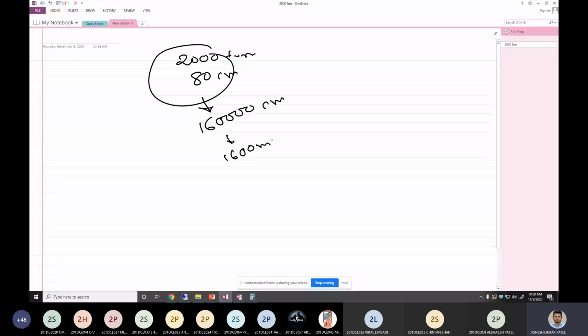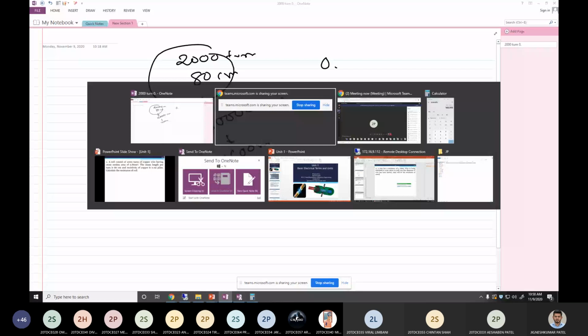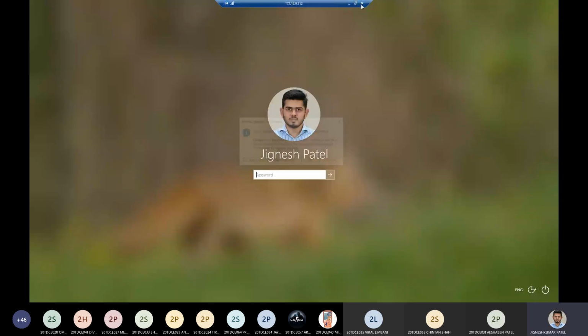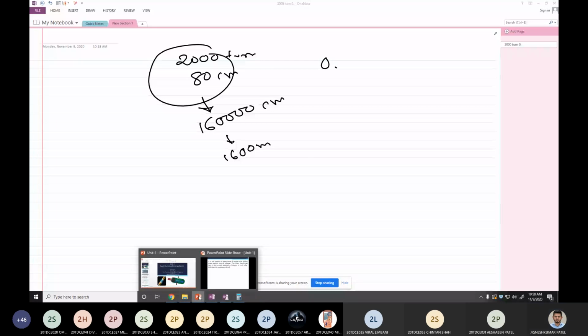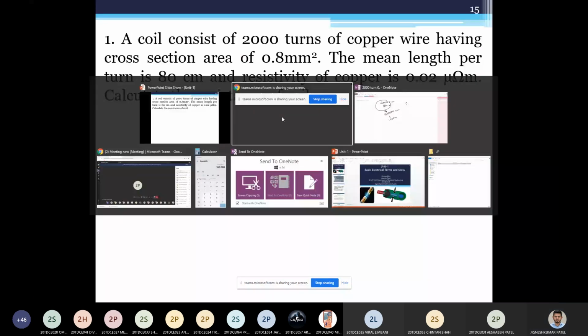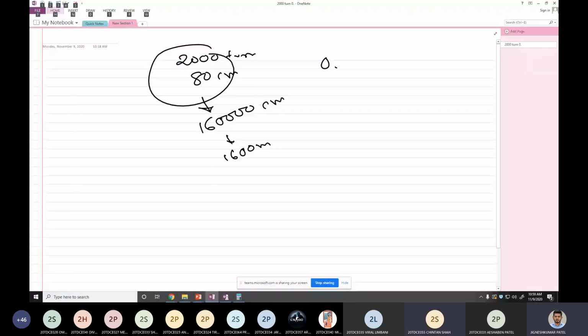Other than that, I have the cross section area of 0.8 millimeter square. So this is my L. This is my L. Now I am talking about my area, cross section area A.